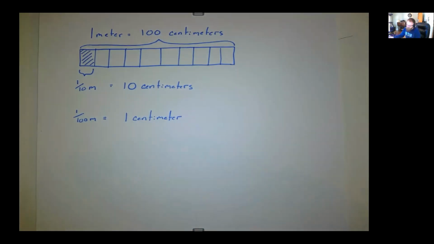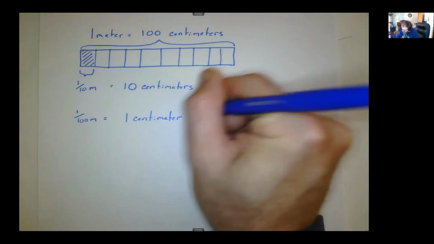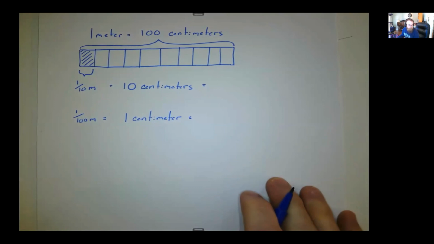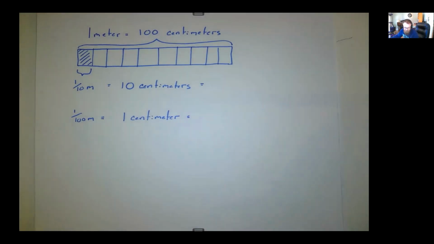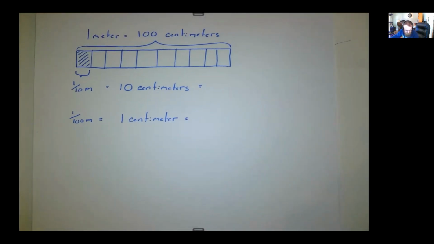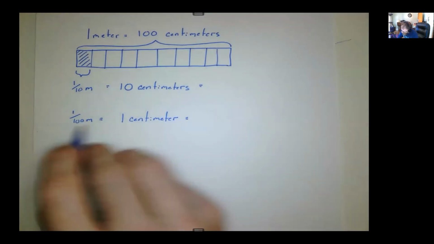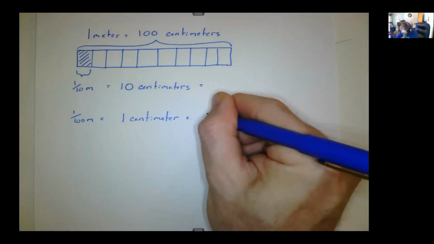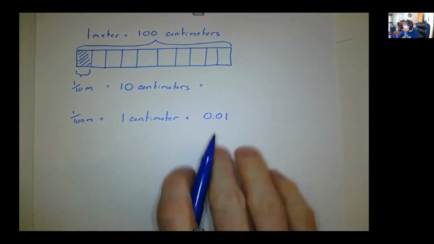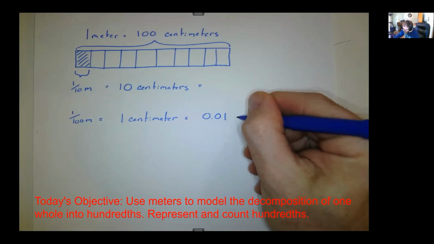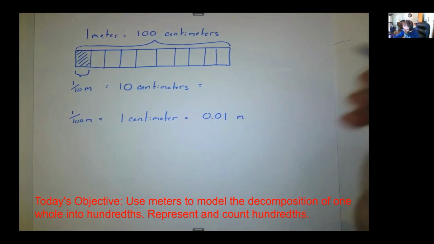We can also show these values as decimals. We've been talking about decimals since we started remote learning, so let's show them that way. 1 centimeter equals 1/100th of a meter, and we write that this way. 1/100th of a meter.